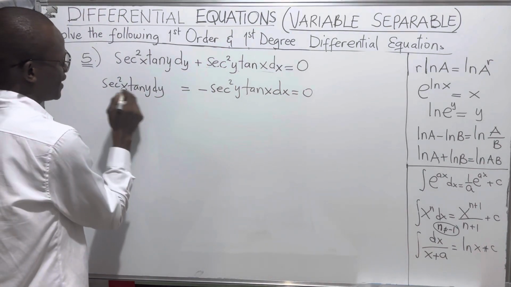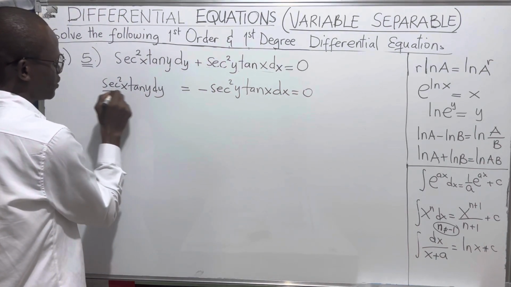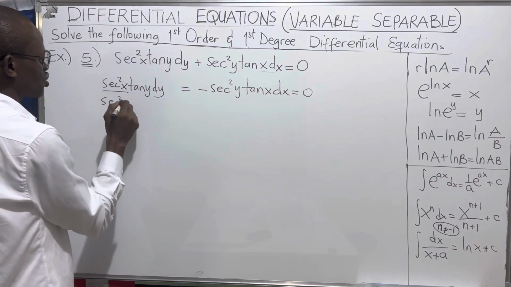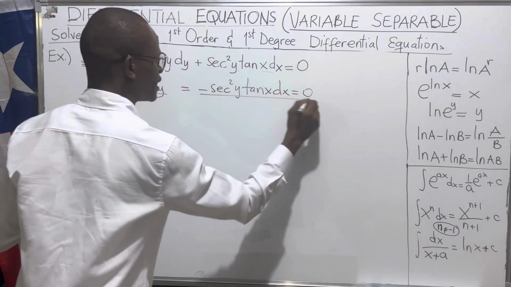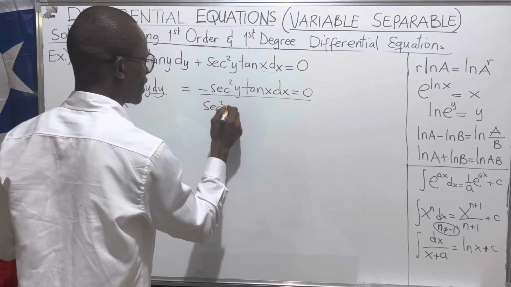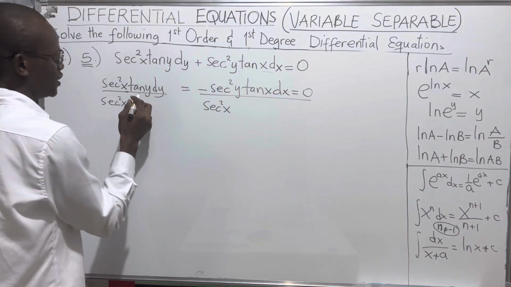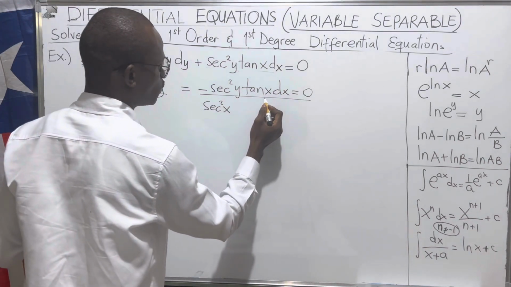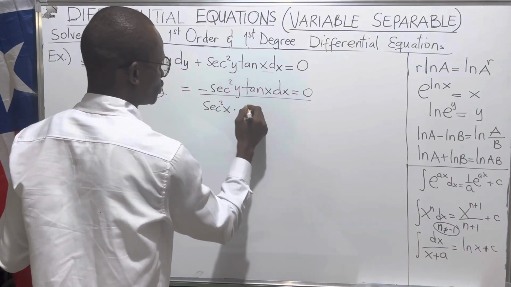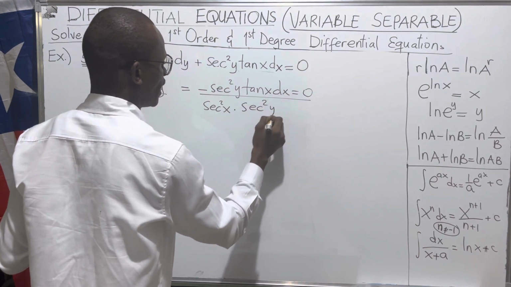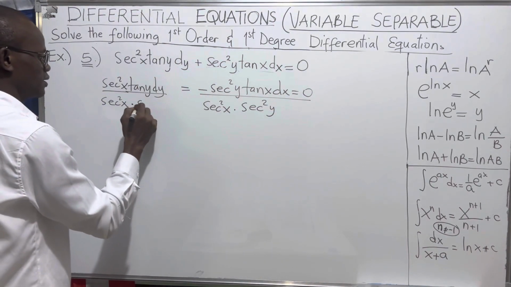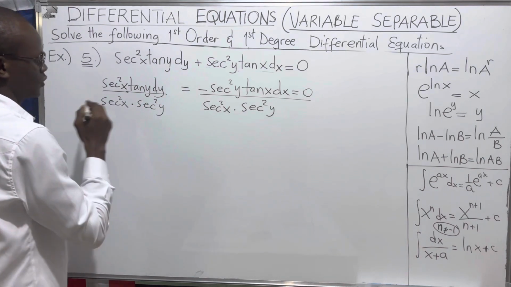We need all y here. So this is already y. We can divide this side by secant square x. On this side, we need only x, so this secant square y, we divide on both sides by secant square y. What happens?